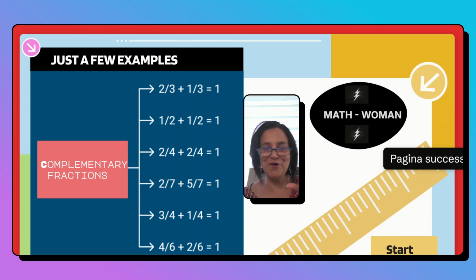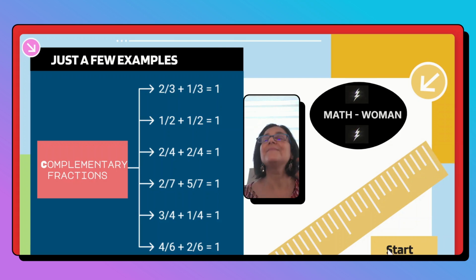The complementary fraction of 1/2 is 1/2. The complementary fraction of 2 over 4 is 2 over 4. I have to reach the number written in the denominator. So let's look at the example 2 over 7. I need 5 over 7 to reach 1.